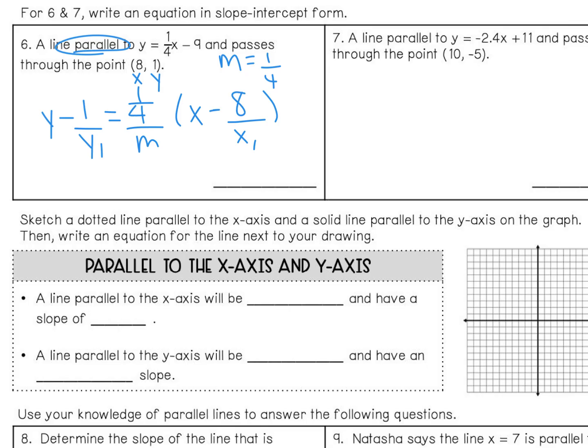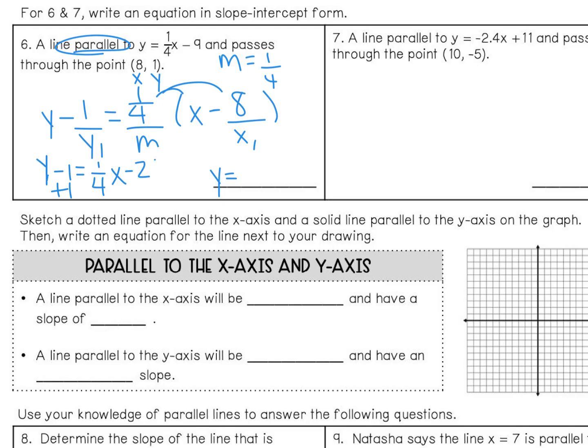Now the directions say we have to change that to slope-intercept form. How do we change this to slope-intercept form? We distribute. So we have y minus 1 equals 1/4 x. What is 1/4 of negative 8? Negative 2. And then what do I do with that minus 1?